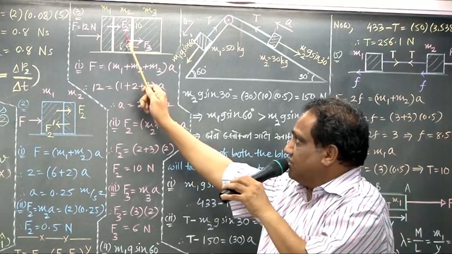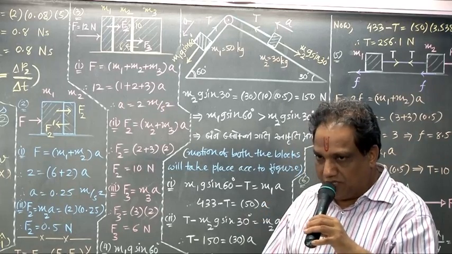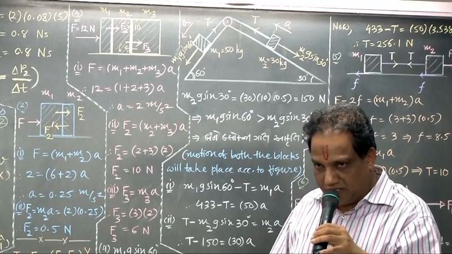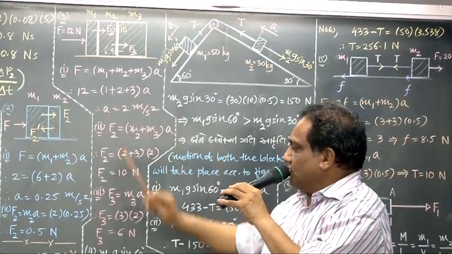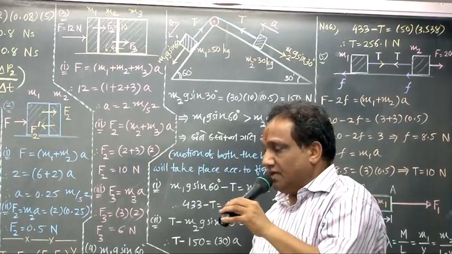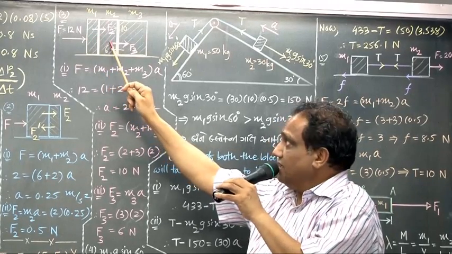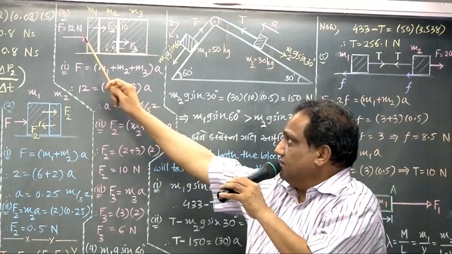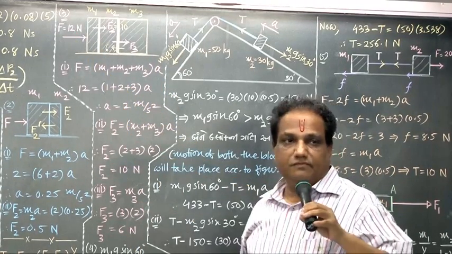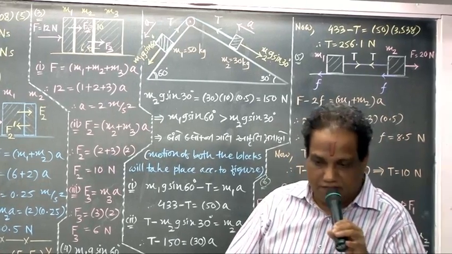What is the contact force on second? m2 into a. Very good. m2 is 2, a is 2, 2 into 2 is 4. What is the force on third? We have found out 6. What was the contact force here? 2. Here? 4. 2 plus 4 is 6. 6 plus 6? Here it is 12. Got it? Yes. Next.